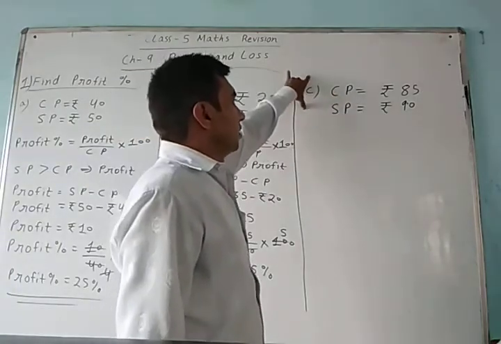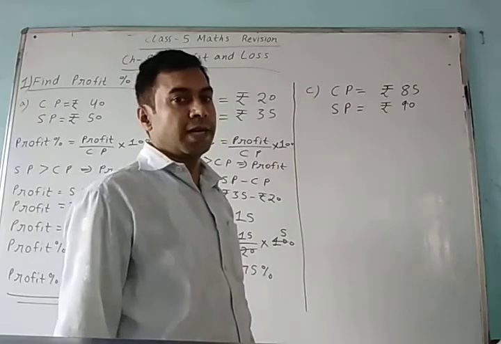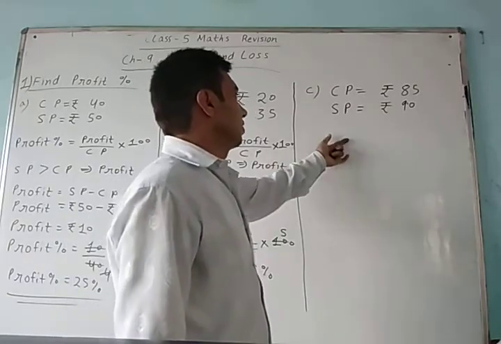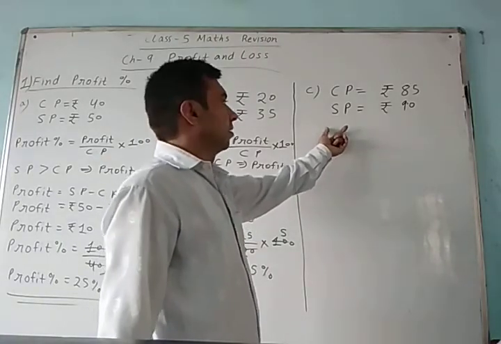Now next question student, see, cost price is equal to rupees 85, selling price is equal to rupees 90. How do we solve this student? What we have to find out? We have to find out profit percent.